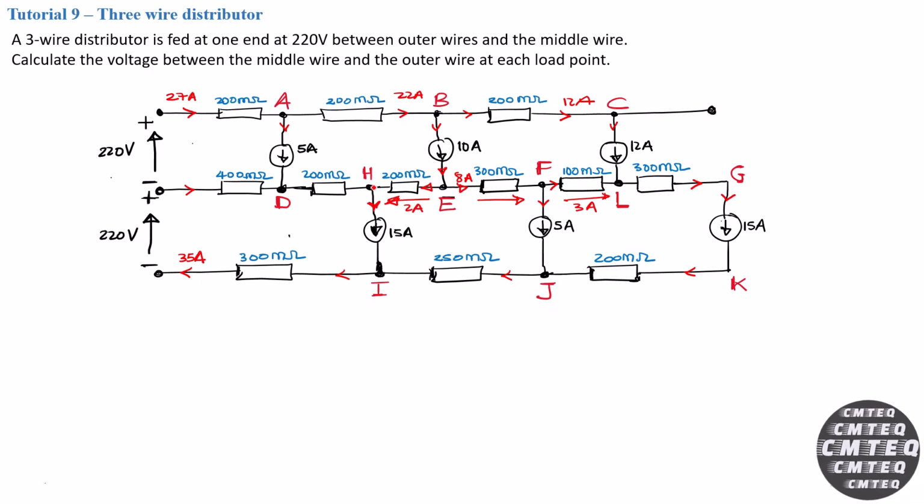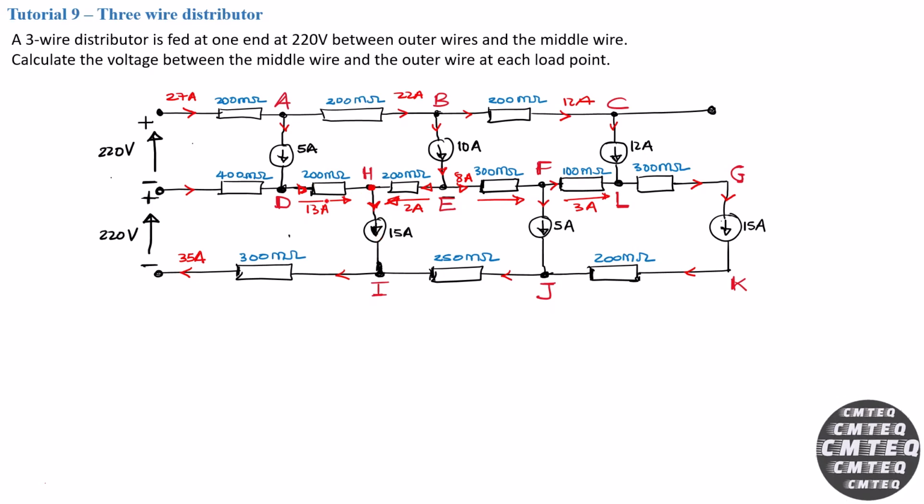Now we have the 2 amps of current coming to this point here. Now this point here needs 15 amps. 15 amps must flow to this point here. Now there are 2 amps coming in, so 13 amps must flow from this point here, because it must add up with the 2 amps to make 15 amps.